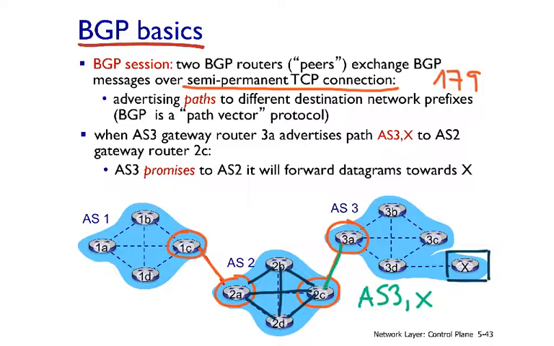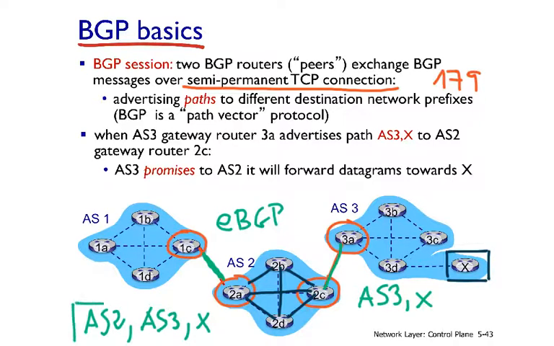So 2A will send a BGP message in an eBGP session, exterior BGP, because they are communicating in different autonomous systems, saying that you can reach destination X, which is connected to autonomous system 3, but you have to first pass through me because I am AS2.